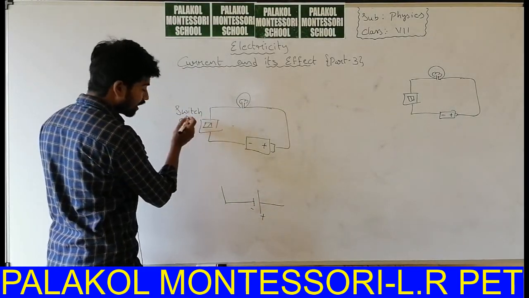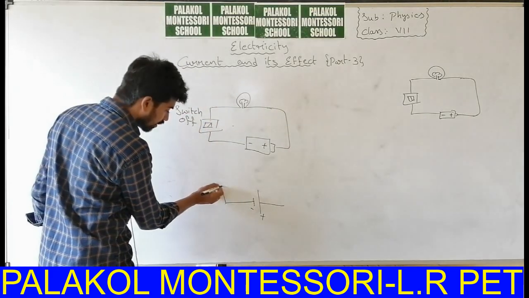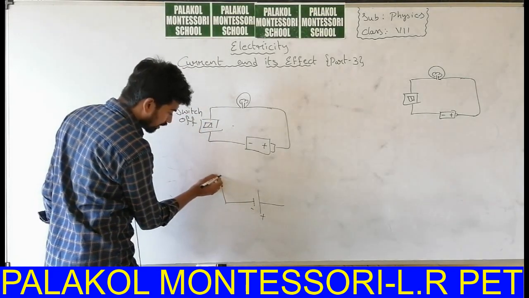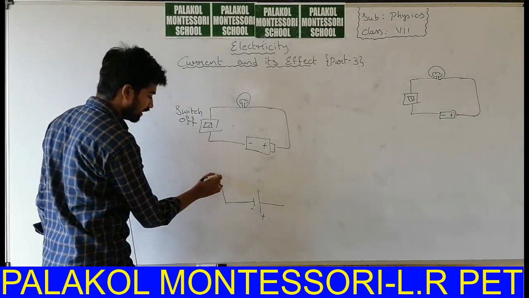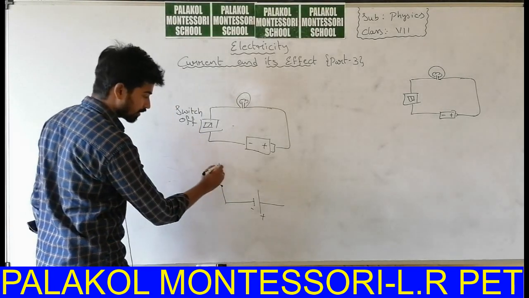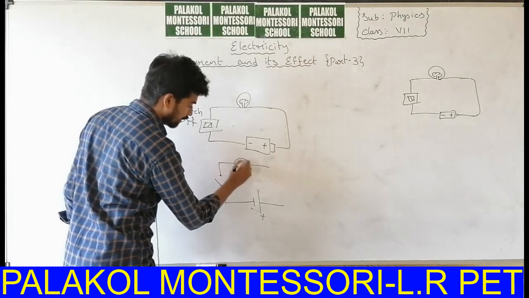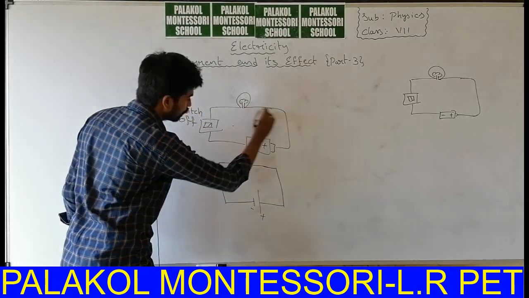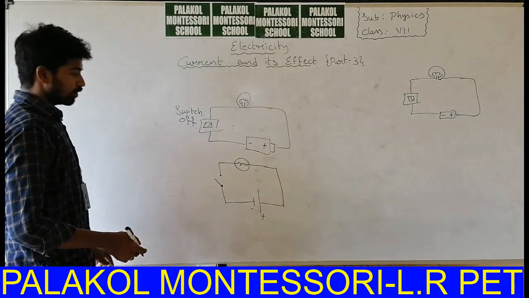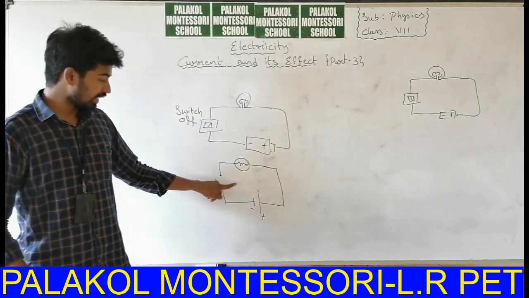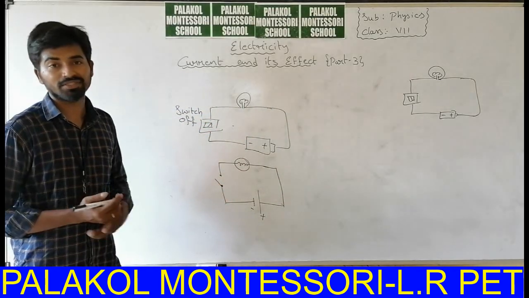The symbol of the switch off is this one. Switch in off state, and again the bulb. This is connected to the positive terminal of the battery. So the circuit can be drawn like this by replacing with the symbols.